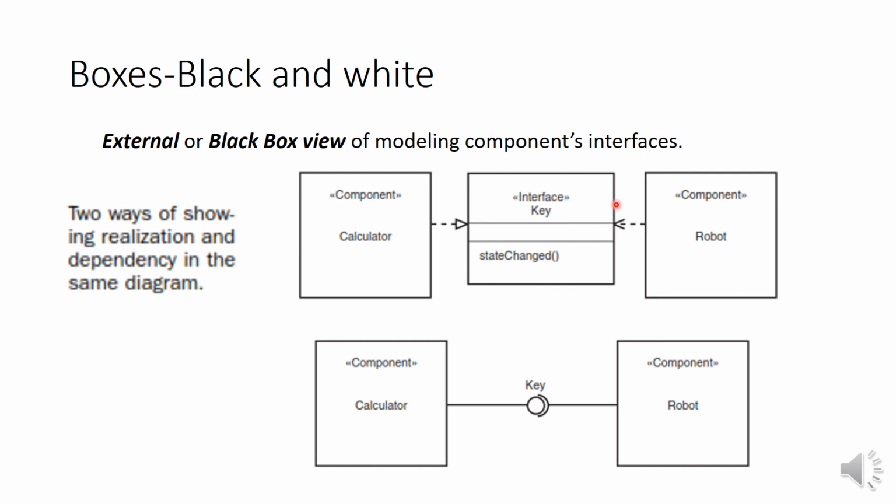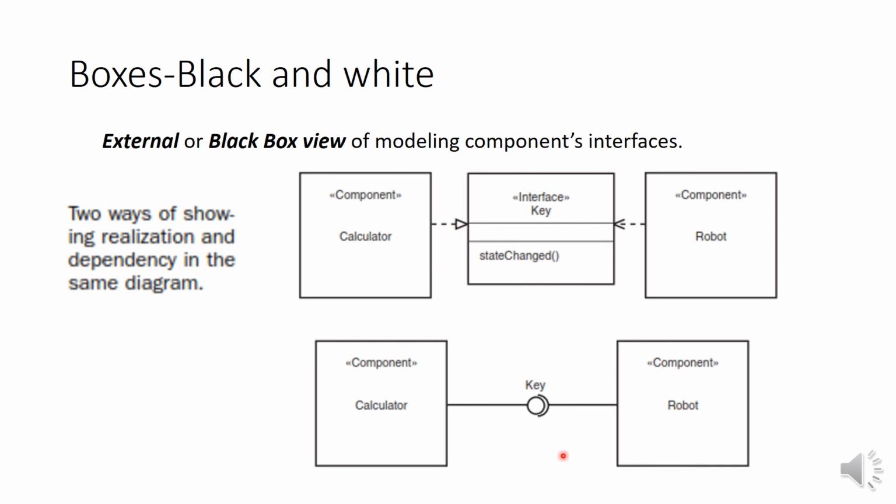The relationship between a component and an interface through which it accesses another component. So this is called dependency. Dependency is visualized as a dashed line with an arrowhead. So you can represent realization and dependency on the same diagram as well.